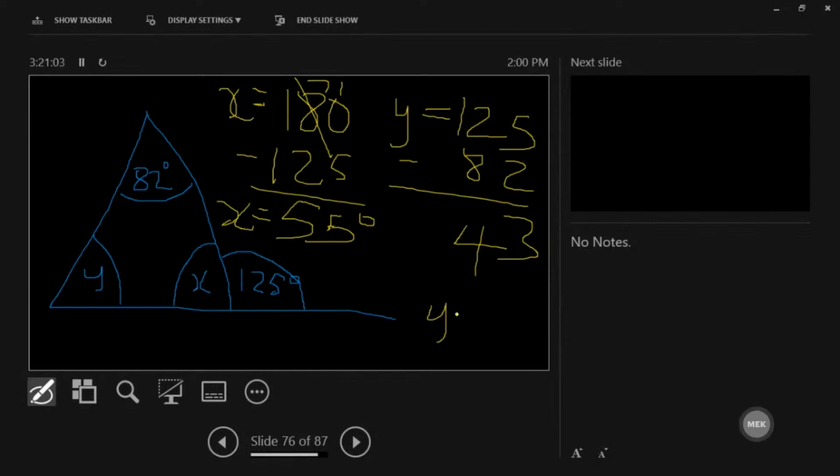So y is 43 degrees. Okay, so remember that angles on a straight line add up to 180 degrees. The exterior angle is equal to the sum of the two opposite interior angles.